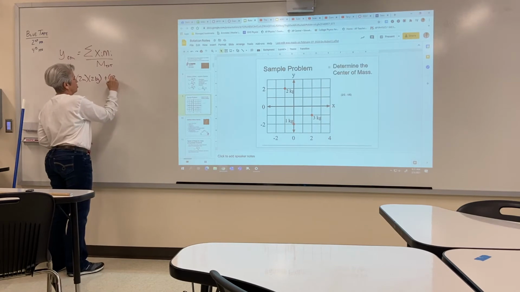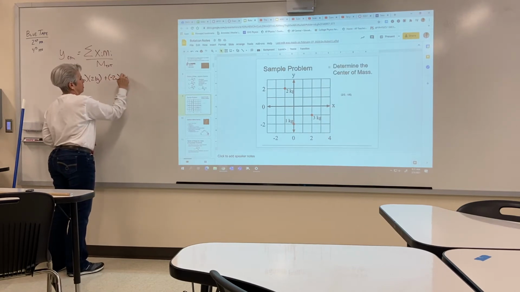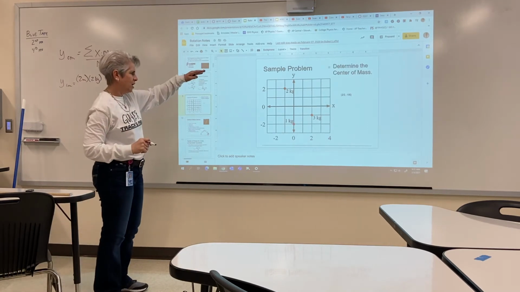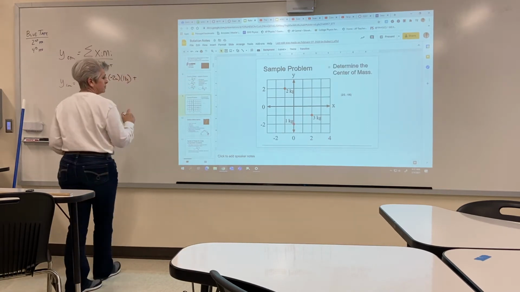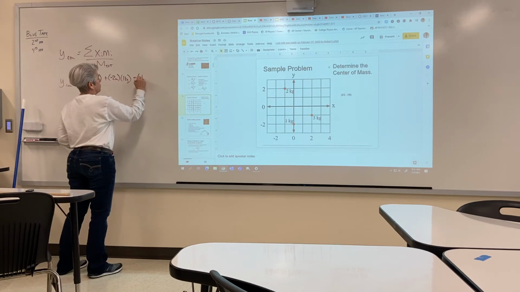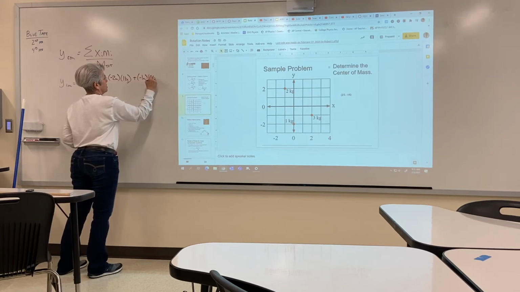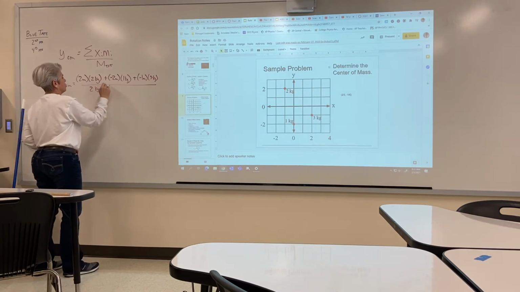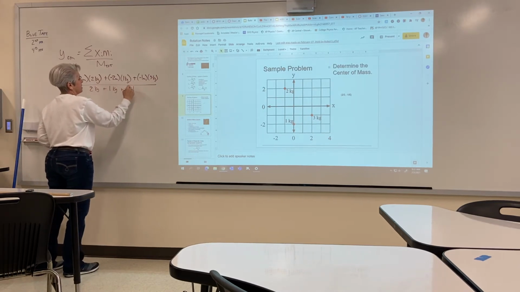So -2 meters times 1 kilogram, plus our 3 kilogram mass is located at -1 meters. So -1 meters times 3 kilograms, all divided by the total mass, 2 kilograms plus 1 kilogram plus 3 kilograms.